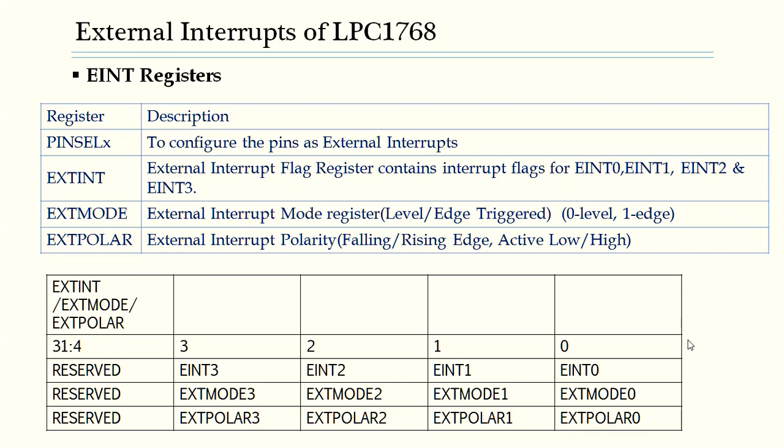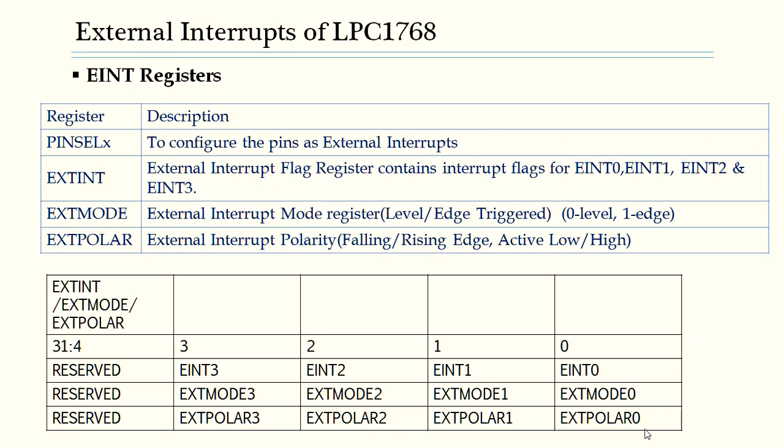Now, if the external mode has a value of 0, it means it is level triggered. So with the level trigger, what are the possibilities? Either it can be active high or it can be active low. Then what I need to write in the external polarity is either a value of 0, which means that the external interrupt occurs whenever there is an active high.